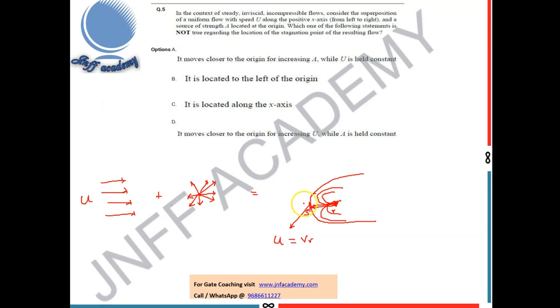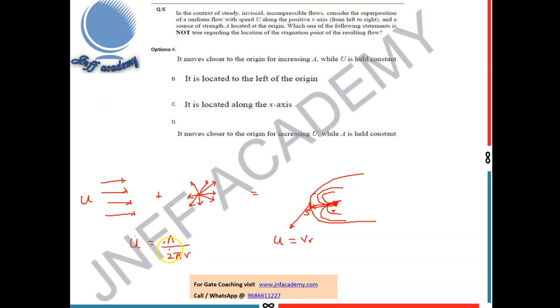As I told you, to know the distance of the stagnation point, find the location where your free stream velocity and the radial source velocity are equal to each other. So U is equal to Vr, which we have studied in the class is the strength gamma by 2 pi r.